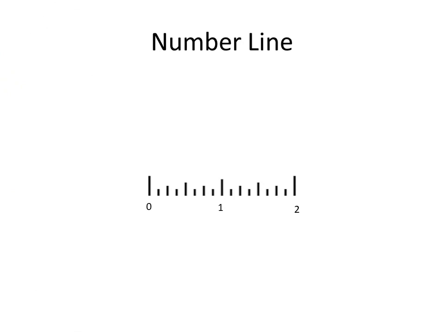Let's take another example. This is a different number line. Between 0 and 1 and 1 and 2, we have actually 8 divisions. It means you can plot rational numbers whose denominator is 8. Let's take an example. 3 by 8.